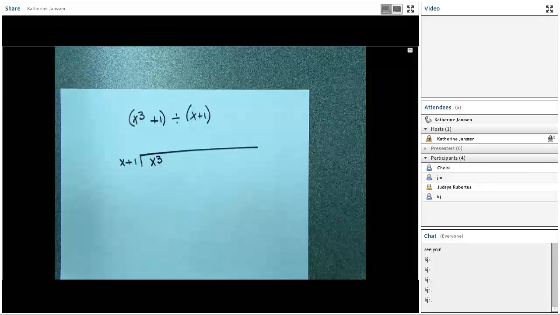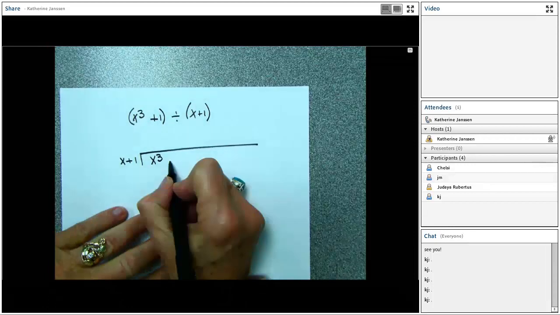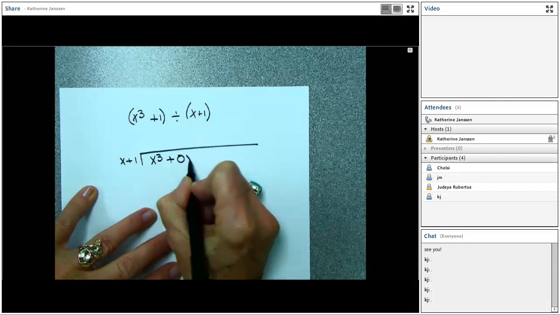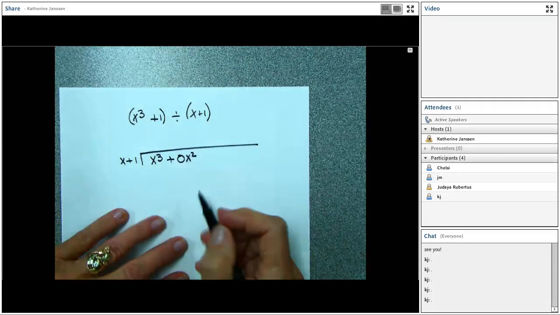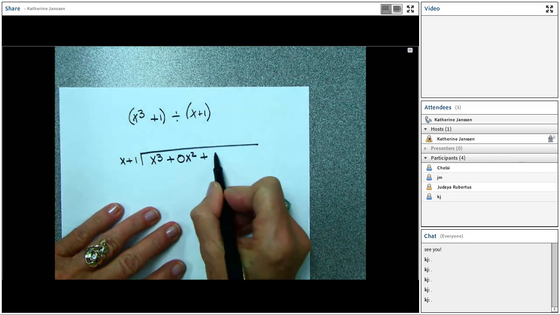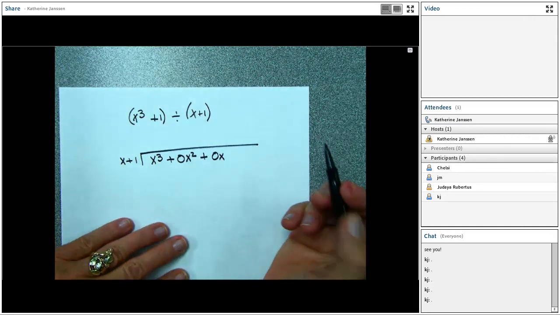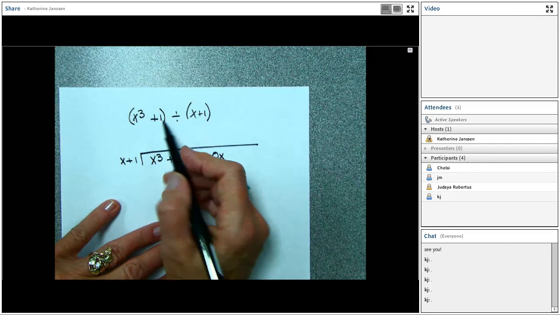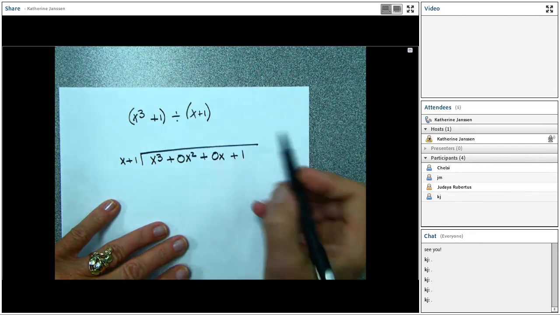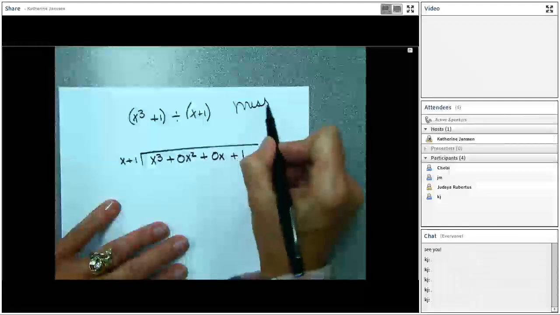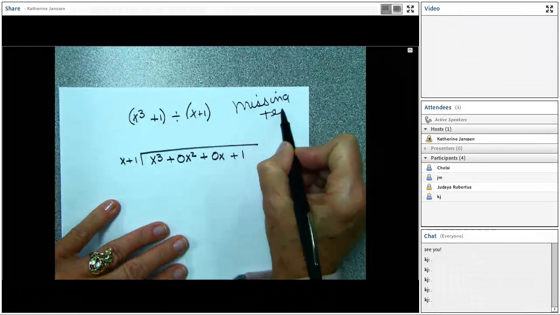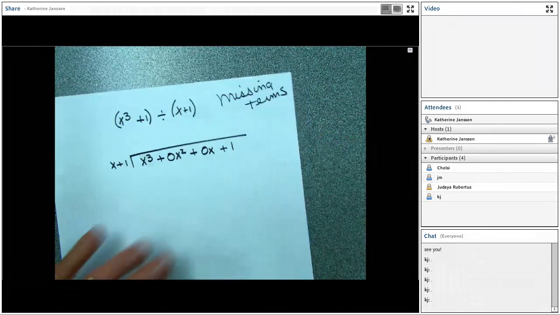We have to include all the placeholders. So we'll have plus 0 times x squared, plus 0 times x to the first degree, but I do have a constant, plus 1. So don't forget your missing terms. You have to show all your placeholders.